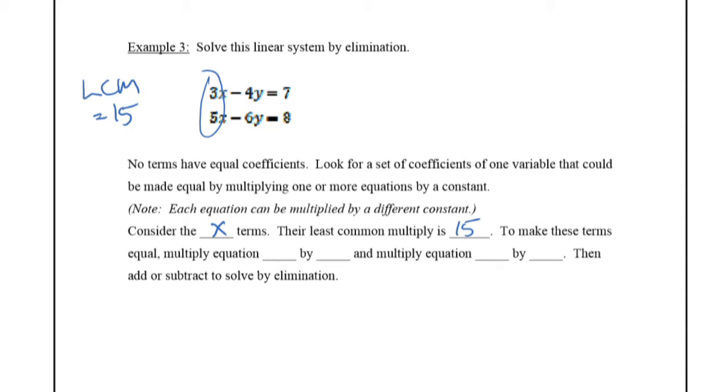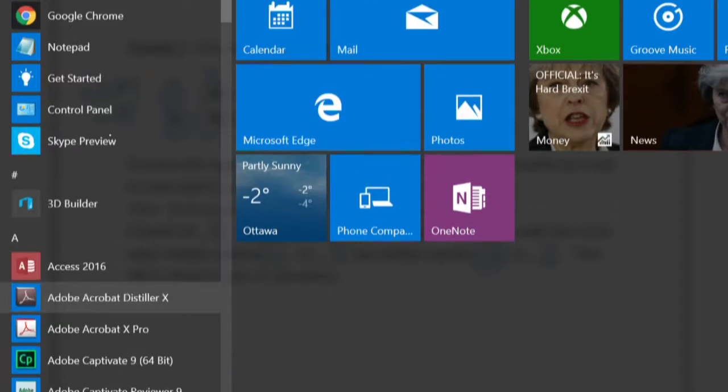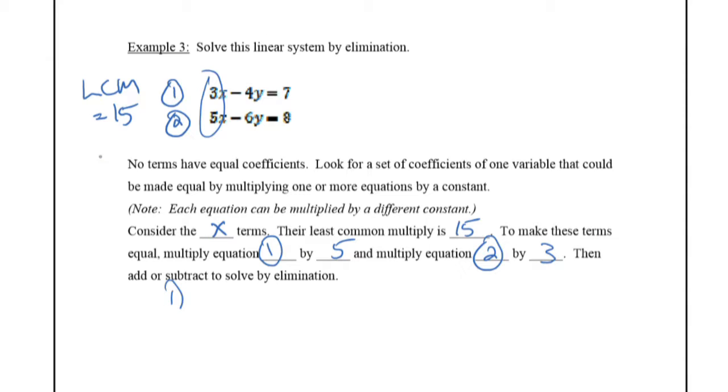To make these terms equal, we'll call these equations 1 and 2. We're going to multiply equation 1 by 5 and multiply equation 2 by 3. And then we'll add or subtract the equations like we did before. All right, I'm going to rewrite equation 1. Equation 1 was 3x minus 4y is 7.